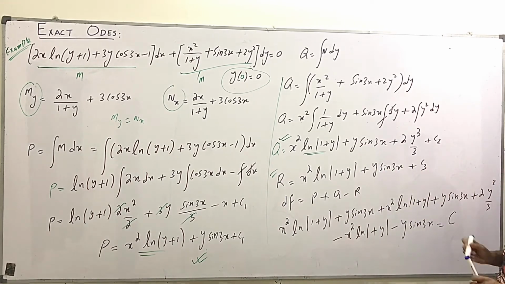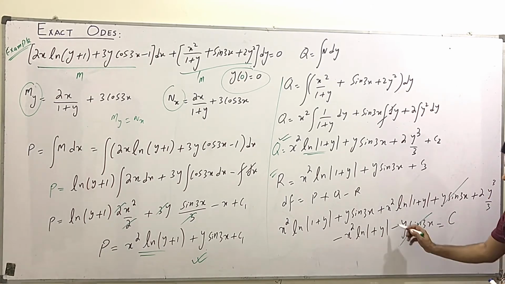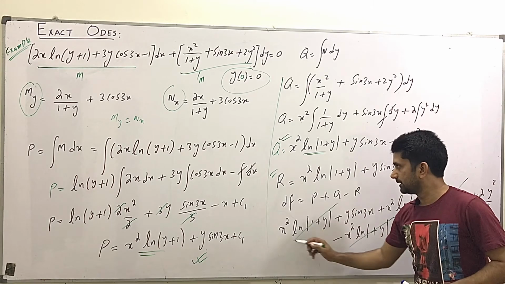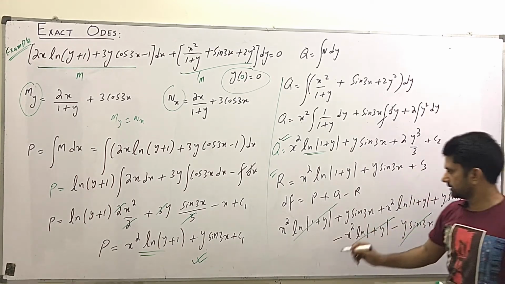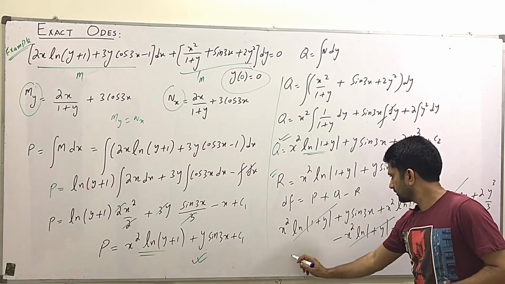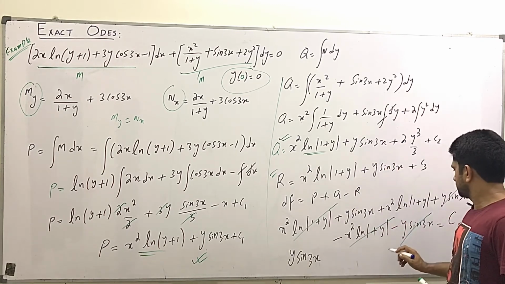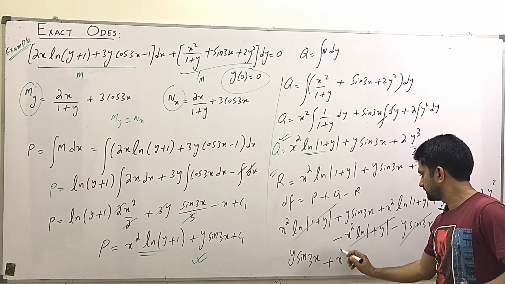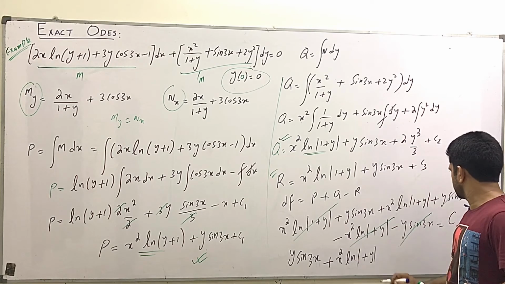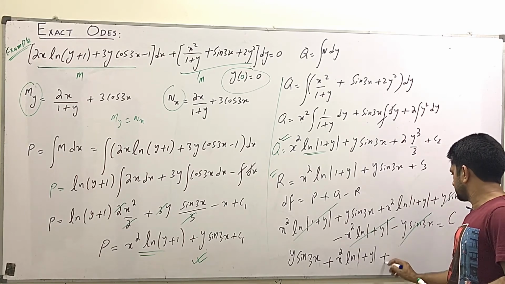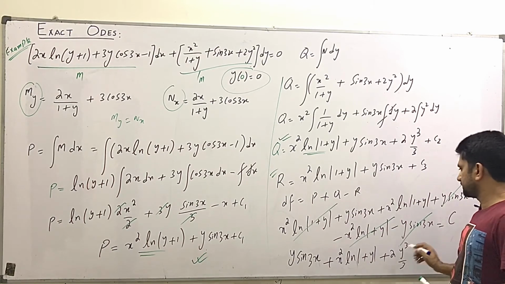We see this will cancel out, minus y sin 3x and plus y sin 3x, and minus x² and this will cancel out. So lastly we have y sin 3x plus x² ln(1+y) plus 2 times y³ upon 3 equals a constant.